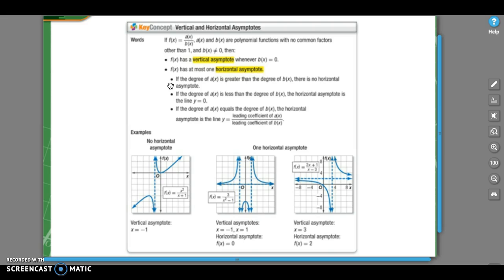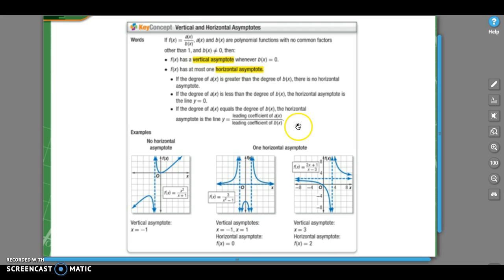If the degree of the top function a is less than the bottom function b, the asymptote is 0. And if the degree of the top function a and the bottom function b are the same, then the horizontal asymptote is the leading coefficient of a divided by the leading coefficient of b.